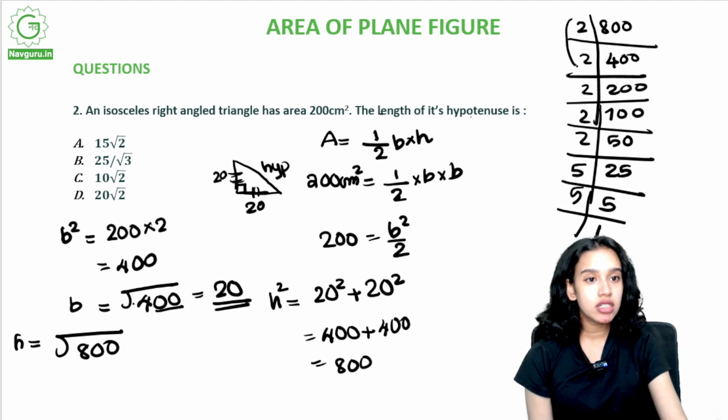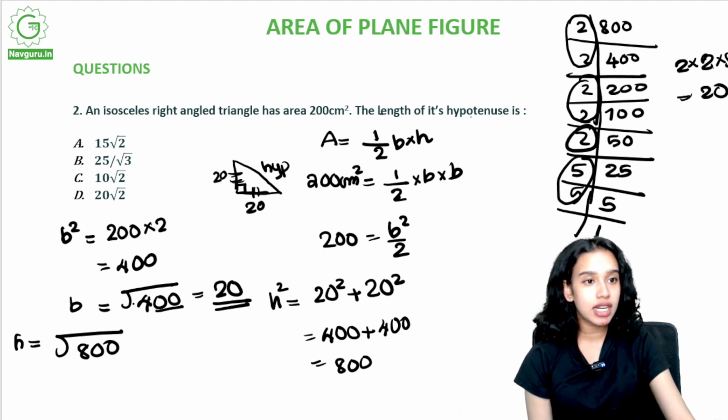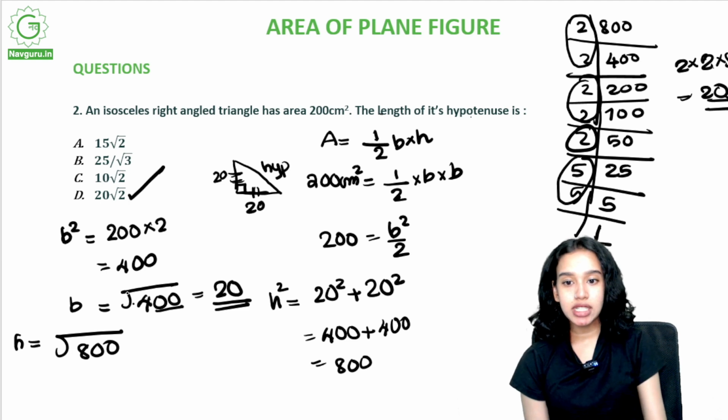Now, let's pair the roots. So, this 2 and this 2, we have 2 into 5, which gives us 2 into 2 is 4, 4 into 5 is 20. And we have this 2 left here, we'll keep it as root 2. Right? So, the answer for our question is 20 root 2. Root 800 is 20 root 2.